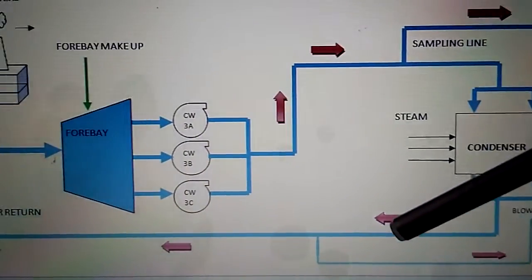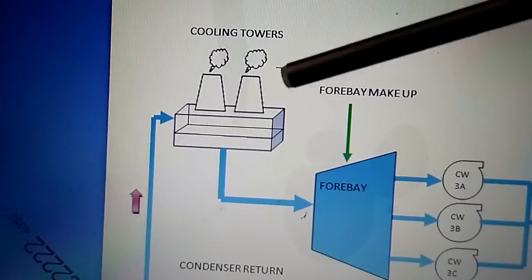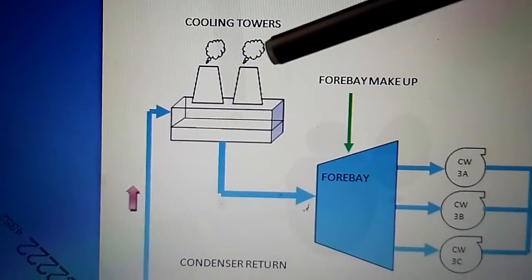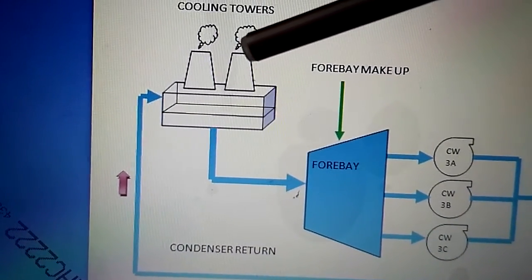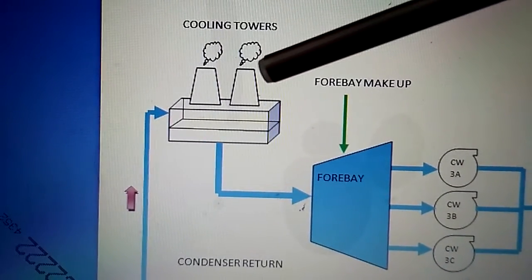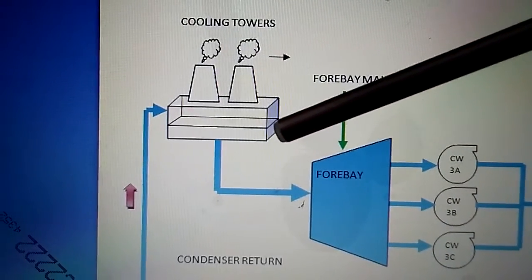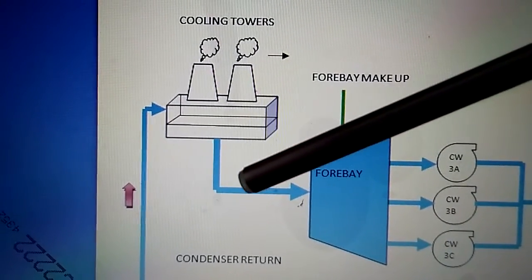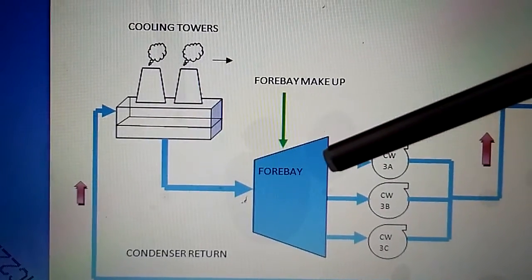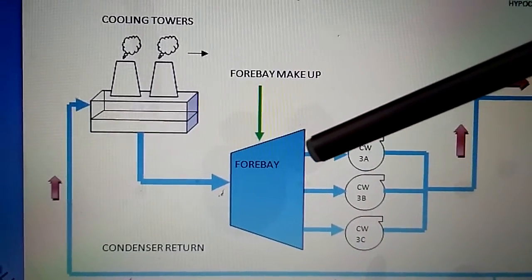This water is again fed back into the cooling towers where we have fans, and with these fans the water gets cooled, and some portion of the water is evaporated into the atmosphere, and water from the CT basin comes again into the Forebay. This is the real picture of the Forebay circuit.